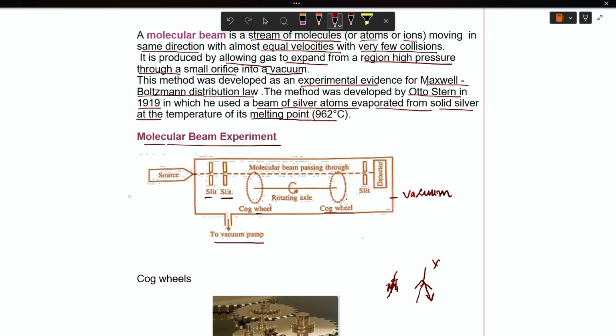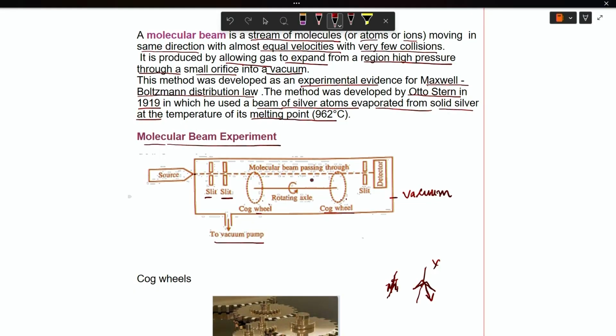Now, the molecules that have the same velocity, so that they can pass through the depression of the cog wheel and then the second one, can pass out of this region. If the beam arrives at the raised part of the cog wheel, it is cut, so there is no question of that molecular beam entering the apparatus further.